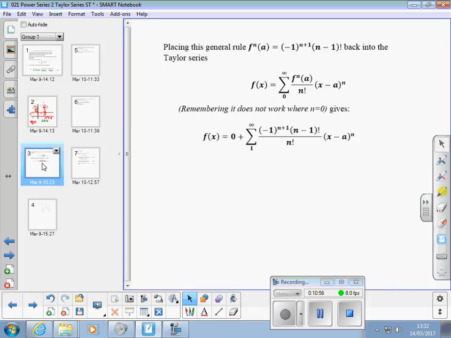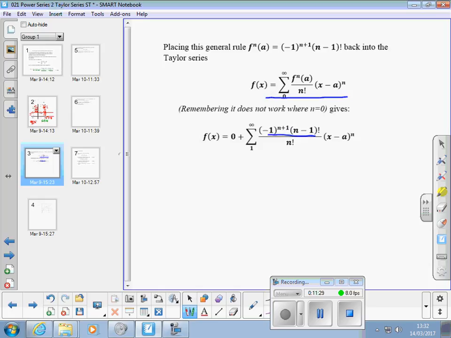So, placing this general rule back into the Taylor series. Okay, so there's the Taylor series. We're going to replace this bit, the nth differential of A, with our general term for the value of the nth differential of A there, minus 1 to the power of n plus 1 times n minus 1 factorial.